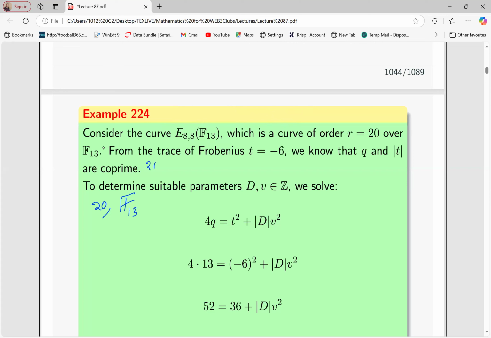The number of points is equal to the base of the field, plus 1, minus t. This is 14, which goes to the other side, so 20 minus 14 is minus t. That minus t becomes 6, and t becomes negative 6 when you do that. So we have our t.